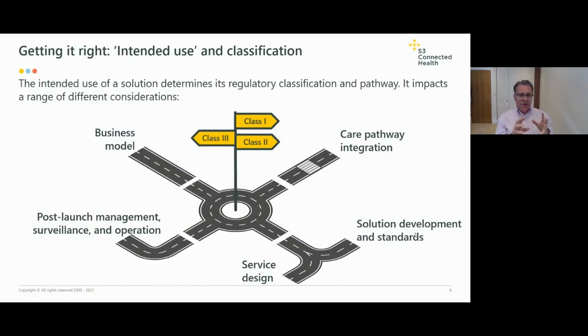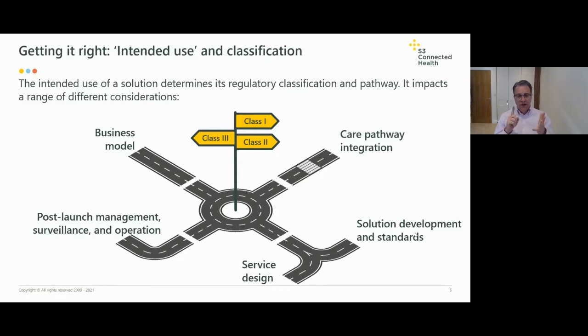So SaMD classification is based on its intended use, the claims it makes, and the potential risks it presents to patients and users. Typically, the higher the classification, the more evidence required to validate your SaMD claims. So the intended use is important because the specific regulatory classification and pathway that your product must follow will significantly impact your planning and go-to-market approach.